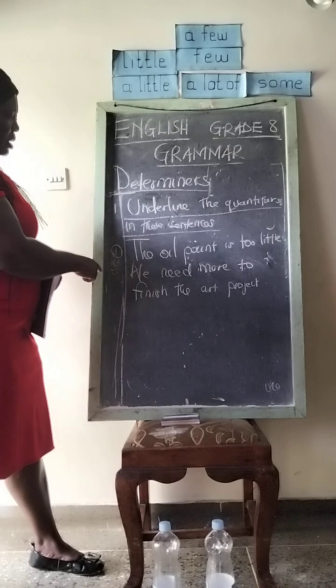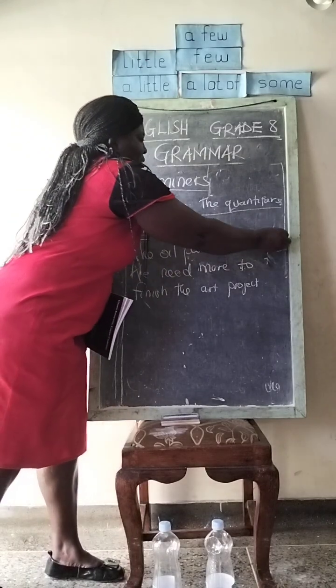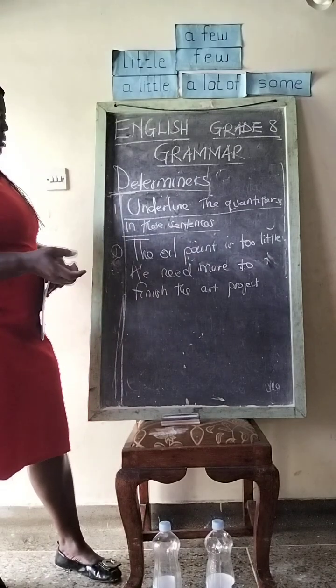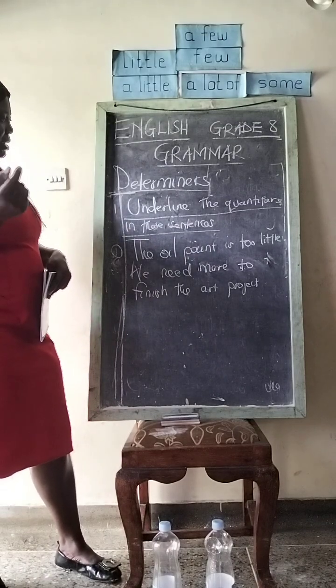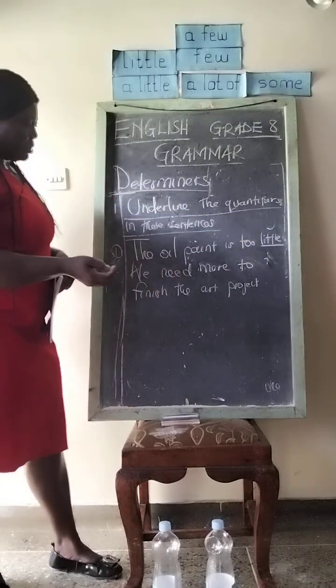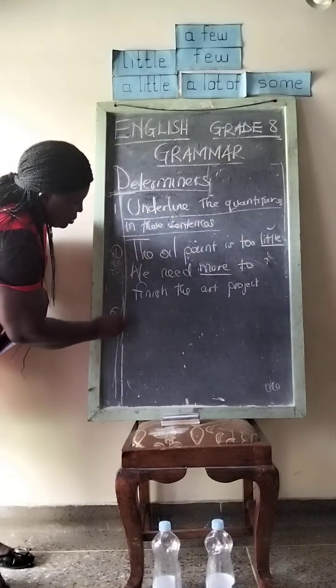We need some more to finish the art project. And someone asked you to identify the quantifiers in these sentences. So I hope you have also identified. We have little here, and we also have more. Let me give you one more.